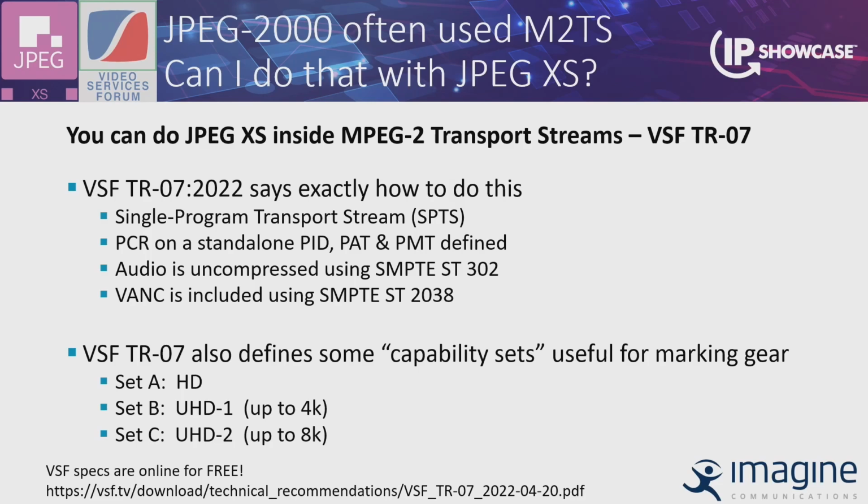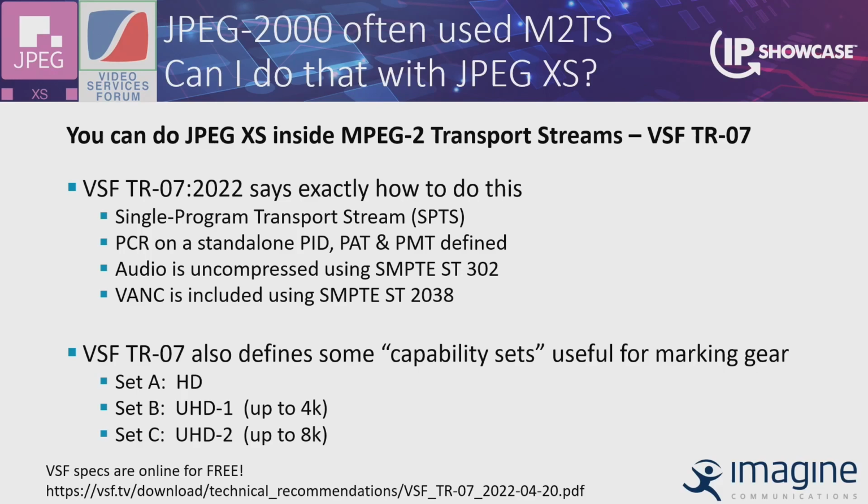Now, separately from all that, if you remember back to JPEG 2000, there was a common practice of using transport stream for JPEG 2000. And so there was a set of people who said, we should probably have an updated spec that works for JPEG-XS.